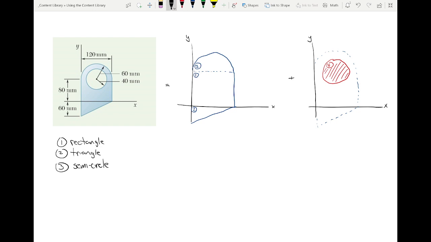So we'll call this 4, call this circular hole. And so the idea from a sign standpoint, just think about this in terms of area.